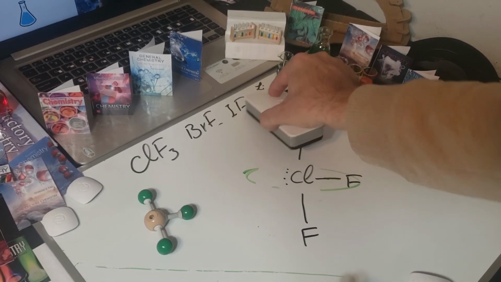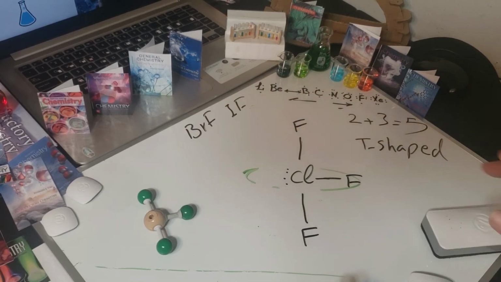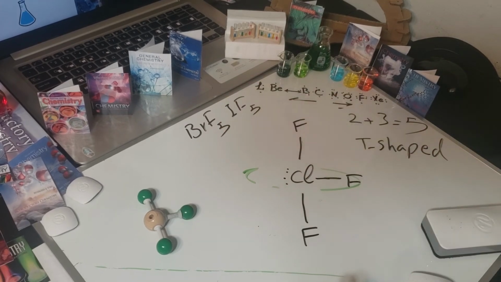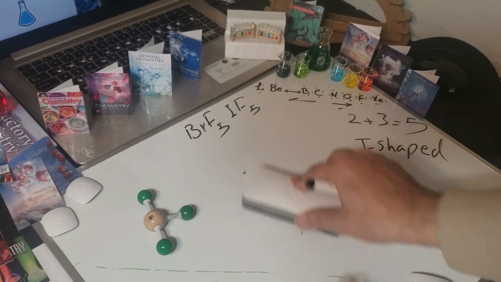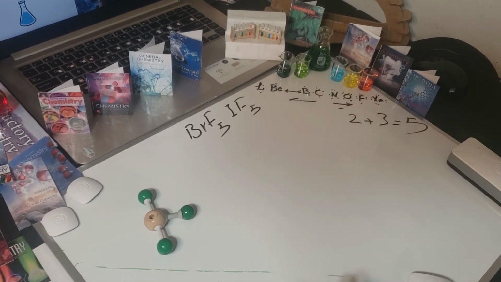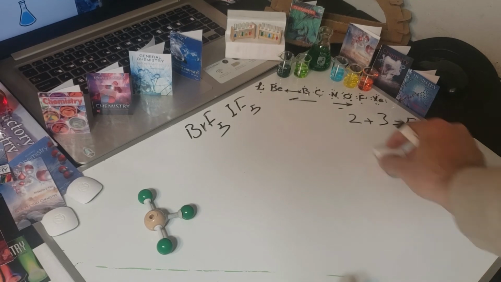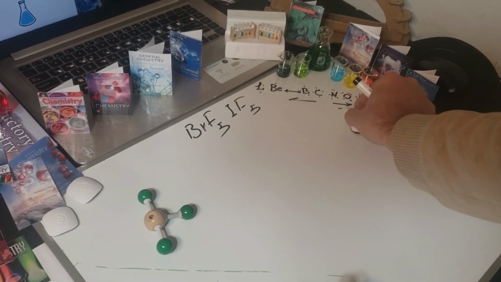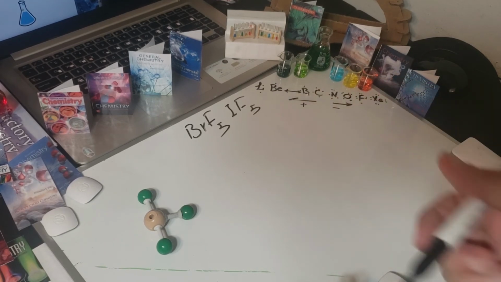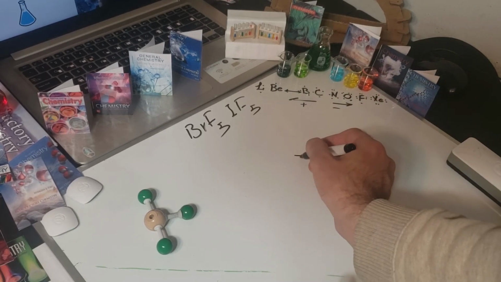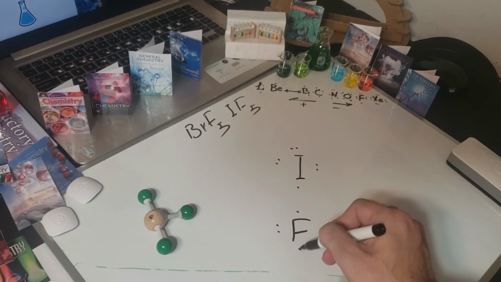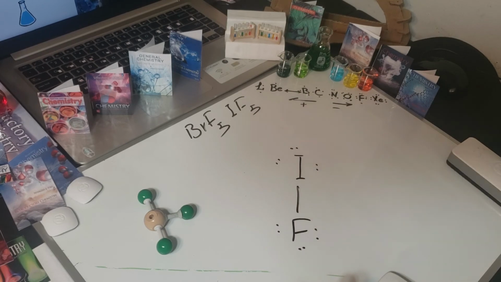Let's just do IF5. I'm not sure if we do have a ClF5 because Cl is kind of reluctant to do this. It's period 3, so very reluctant to do this. Now iodine, again group 7, is going to share its single unpaired electron.